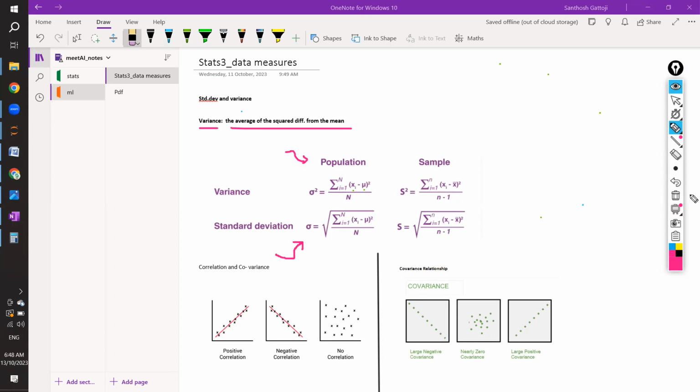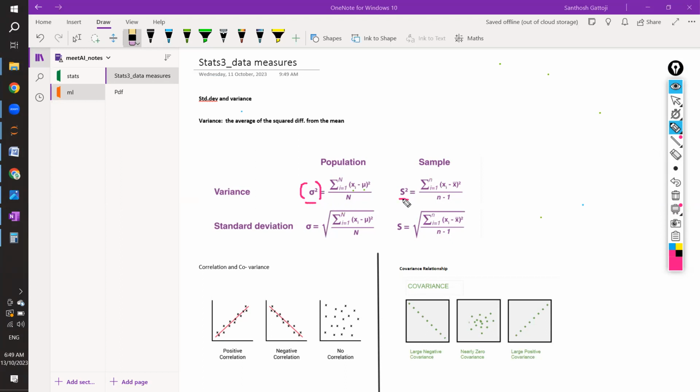Fine. So now, one point, if anybody of you is getting a doubt, like when we already have variance as a parameter, right? Why should we have something called standard deviation again, which is just the square root of that? Why are we again squaring it? Fine, we have variance, which is rho square or s square.